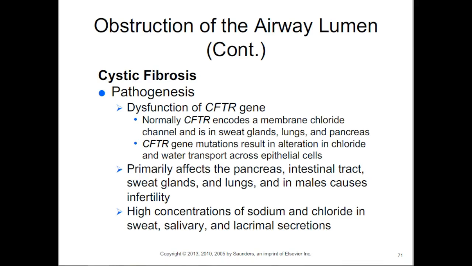So because that chloride channel is found in the lungs and the pancreas and the sweat glands, that's going to have abnormally produced sweat on the skin, and then obviously the products in the lungs and the pancreas are going to be altered by the fact that there's no saline layer that allows for these products to move through very quickly, right? Primarily affects the pancreas, intestinal tract, sweat glands, and lungs, and in males causes infertility. So you'll see that as well.